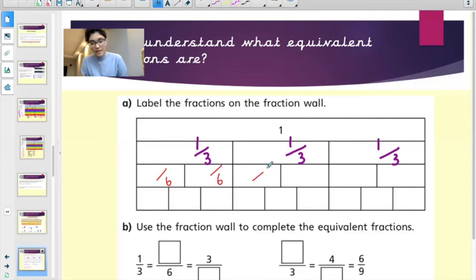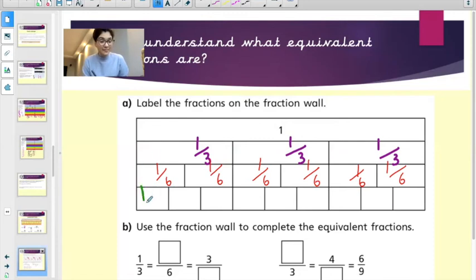So I'm just going to write that, because we know the denominator does not change, but luckily on a fraction wall, the numerator doesn't change either, because this is 1 out of 6, this is also 1 out of 6, and so are the rest. Last bar here, how many parts can you see this bar being divided into? 1, 2, 3, 4, 5, 6, 7, 8, 9.